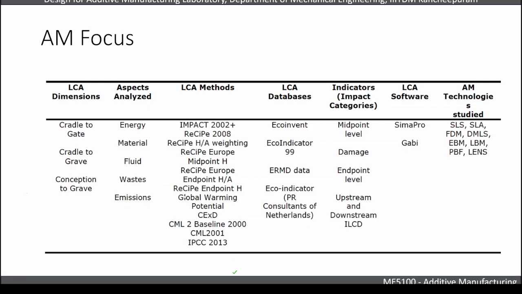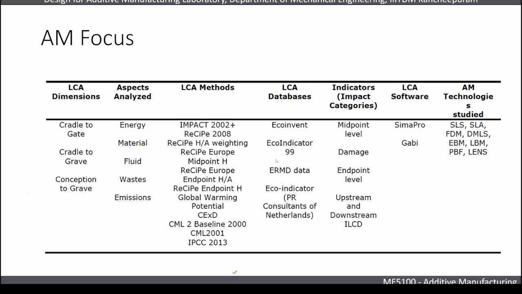ReCiPe is like another one. CML is another, and the Intergovernmental Panel on Climate Change, IPCC, has also developed a lot of models. And there are a lot of databases where data is publicly available for many different manufacturing processes, but for additive manufacturing it is very limited. People are trying to develop these inventory databases. They contain all this inventory of flows for you to build the flows and then model the sustainability very easily.